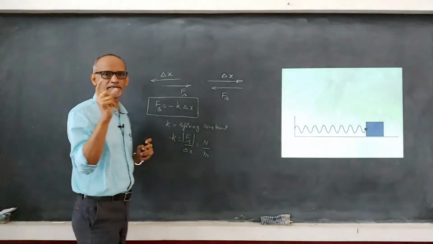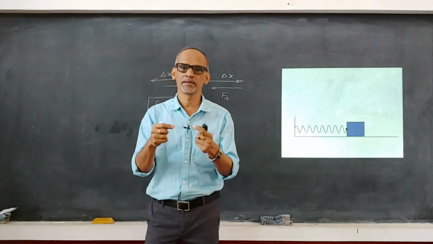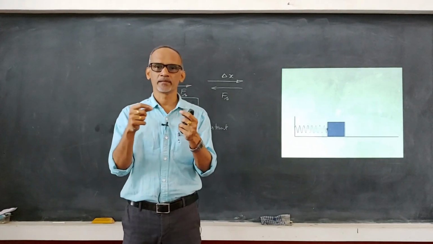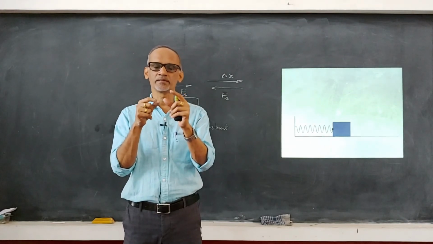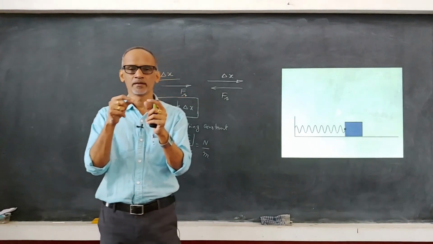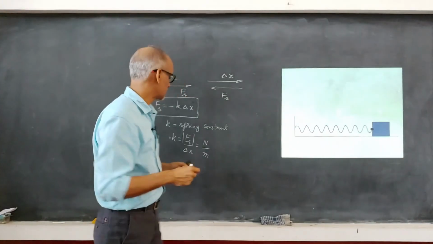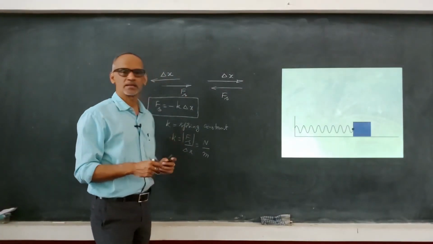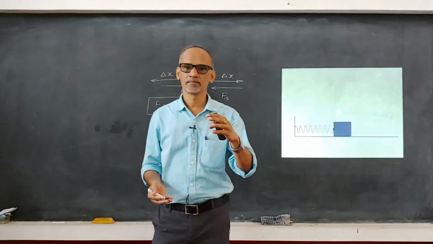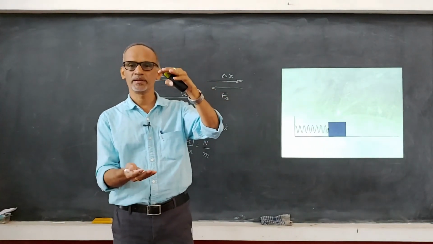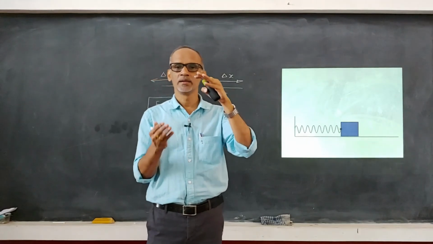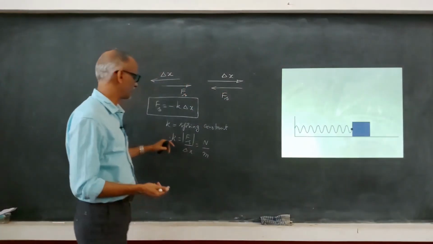Springs having a smaller value of k, we get to see inside a pen, where they use a small spring for the movement of the refill. That is a soft spring, correct. Whereas hard springs are used in a vehicle as a shock absorber, which is very hard. So those are springs having a higher value of k.